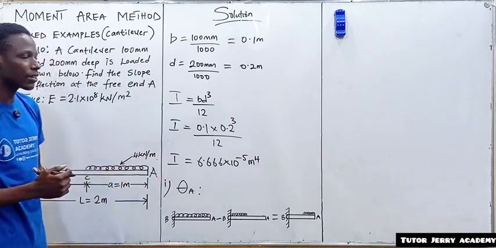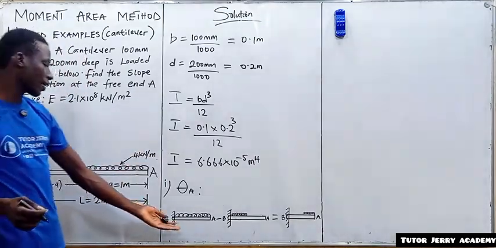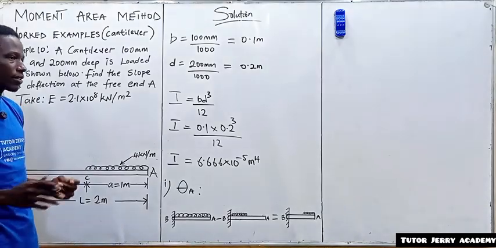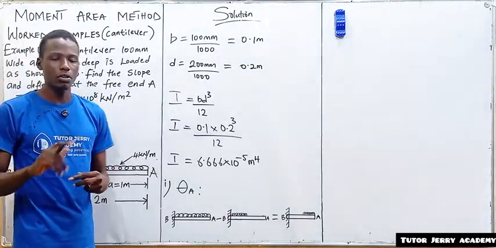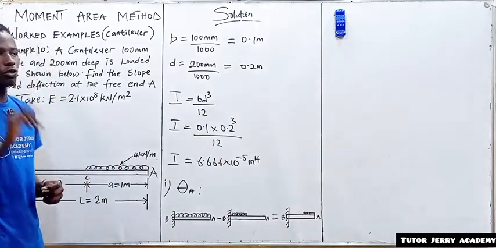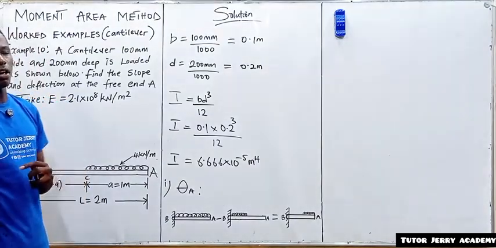Now for a cantilever with a uniform distributed load over its whole length, we got the slope to be nothing but minus WL to the power of 3 all over 6 EI.